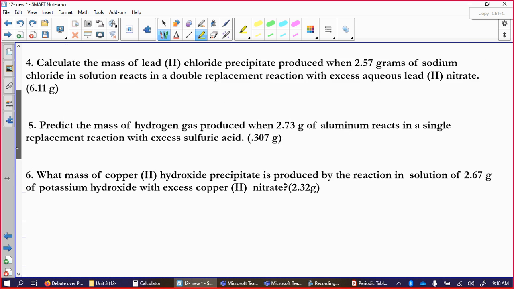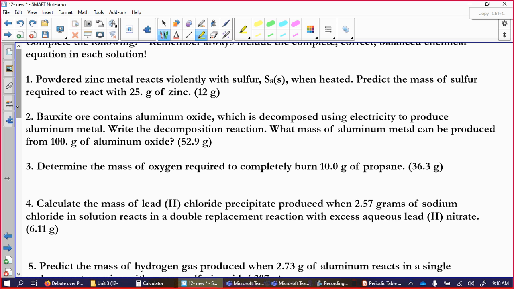These are 6 ones to try. The numbers in brackets, I'm pretty sure, are the correct answers. Whoops, I need a pen. Zinc reacts with sulfur. Sulfur is S8 to make zinc sulfide. And that's there to play with the stoichiometry.